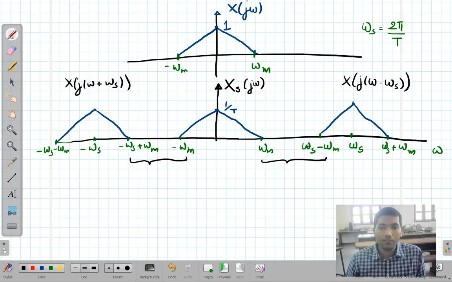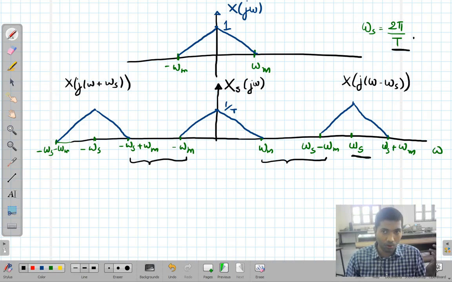If we choose this ωs, it is in our hands. Why? We can decide this ωs because T is in our hands. We can decide the sampling period. Depending upon the choice of the sampling period, ωs will vary. If T is a small quantity, ωs will be high.